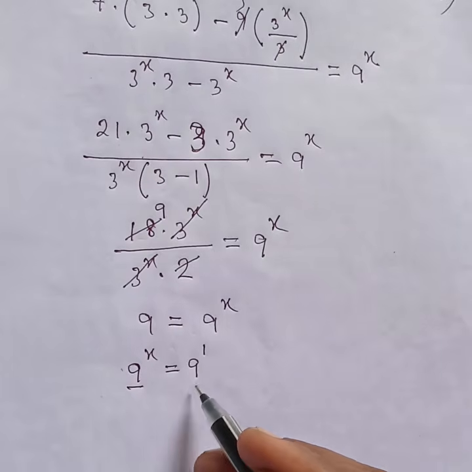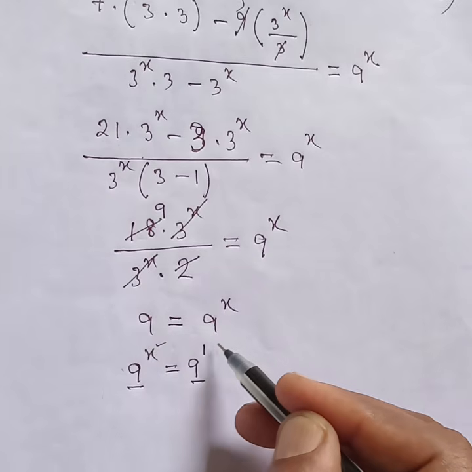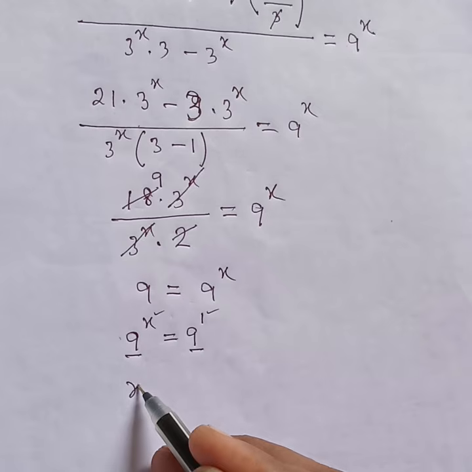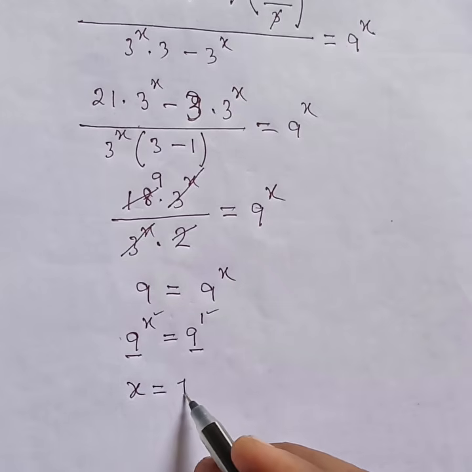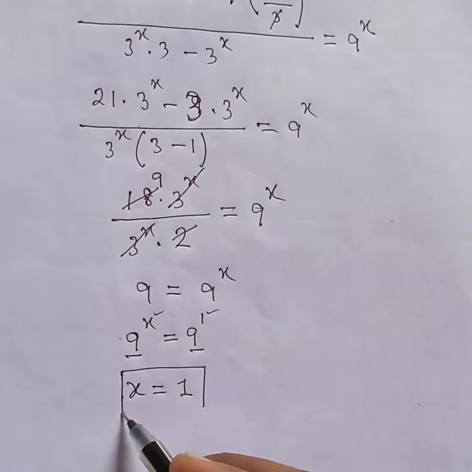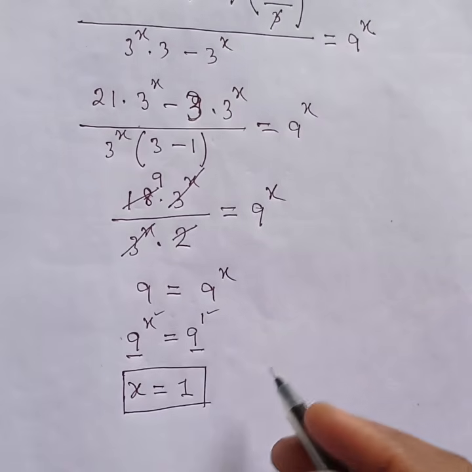Both sides base is equal. Therefore this power and this power will be equated. So we get x is equal to 1, and this is the solution of this equation.